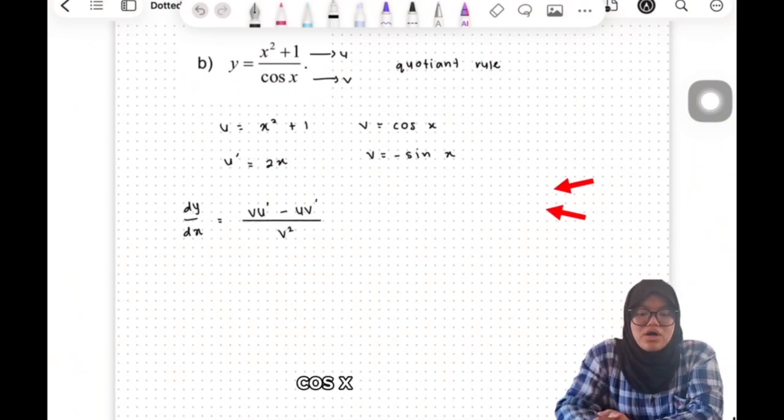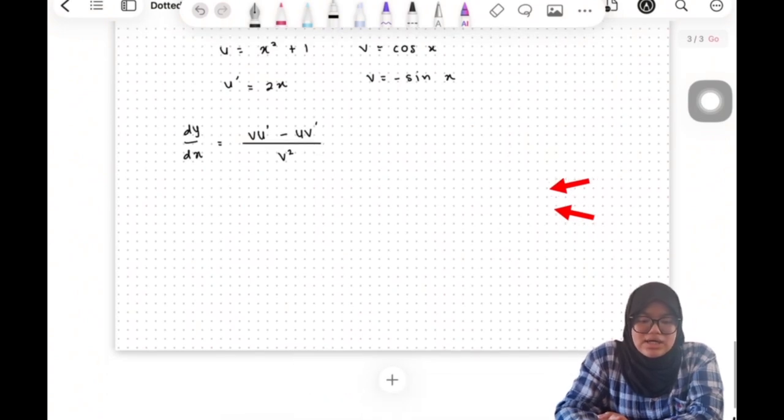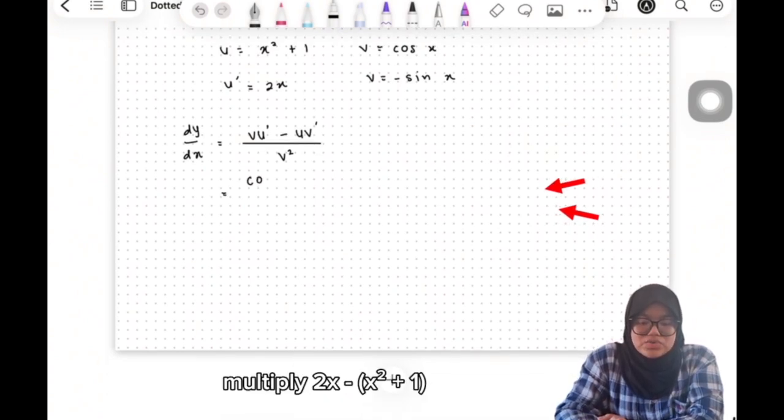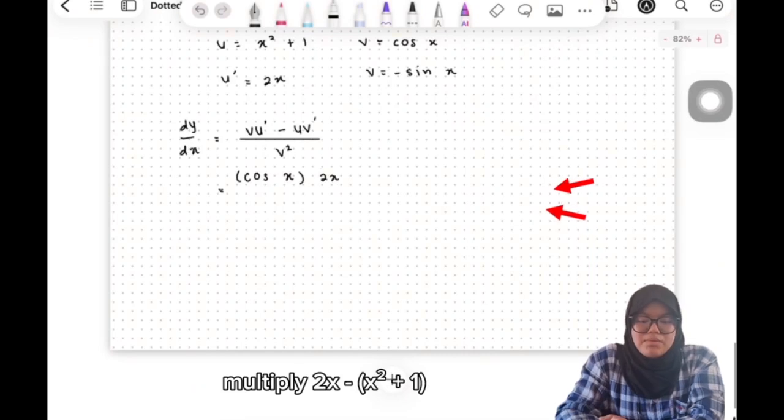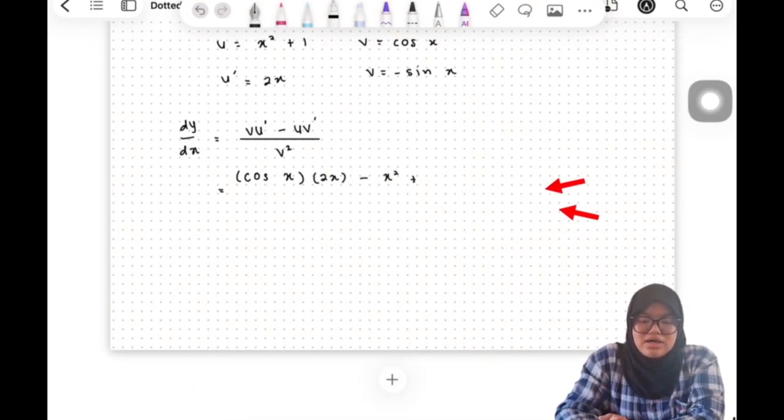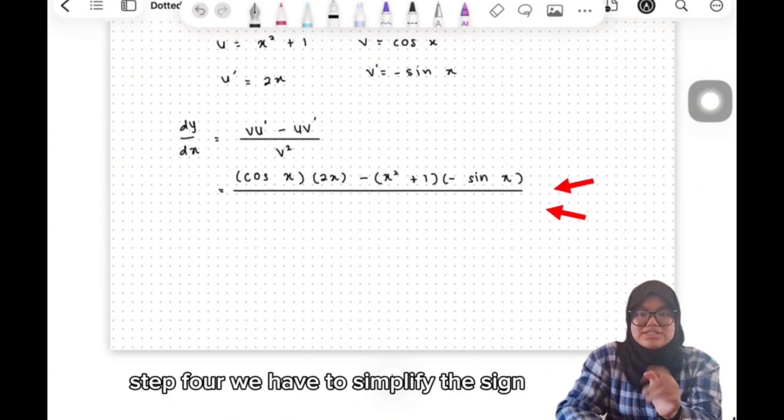So cos x multiplied by 2x, minus (x squared plus 1) multiplied by negative sine x, over cos x squared. So step 4, we have to simplify the sign.